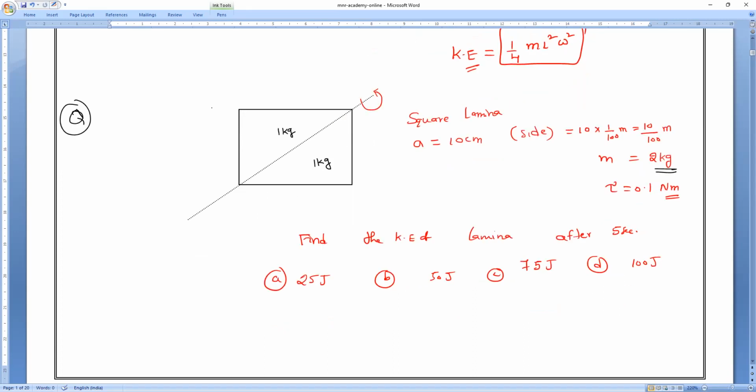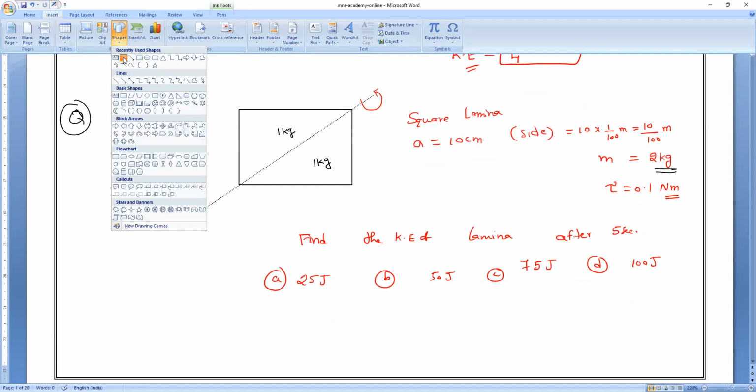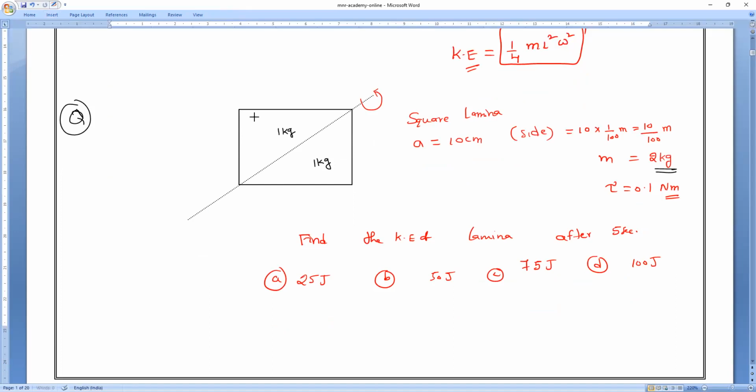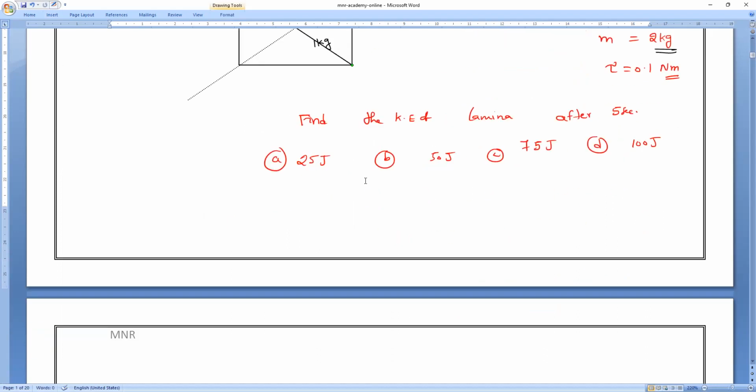So now I will take this diagonal, whatever it is. You can cut any side, whatever the side. If you cut it, it will make how many triangles? It is cutting into 2 triangles. Clear, everybody? So I can take one triangle where the axis of rotation is passing through the base.